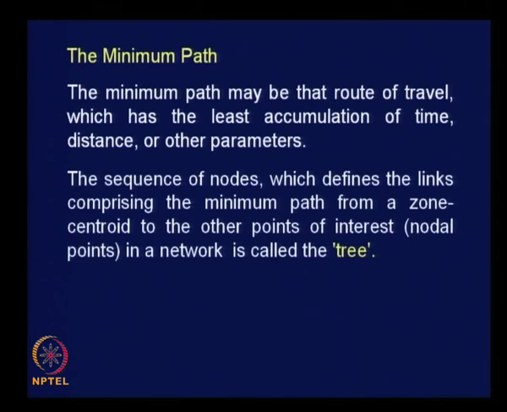The sequence of nodes which defines the links comprising the minimum path from a zone centroid to the other points of interest, that is very important, the points to which this particular zone centroid is actually connected in a network, is called the tree or the minimum path tree.